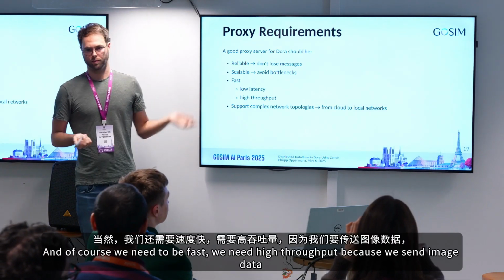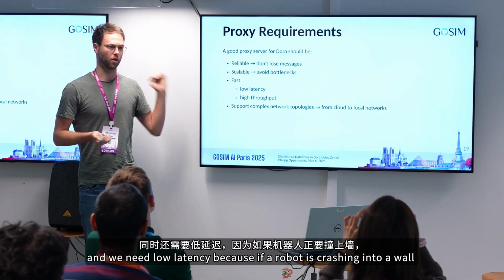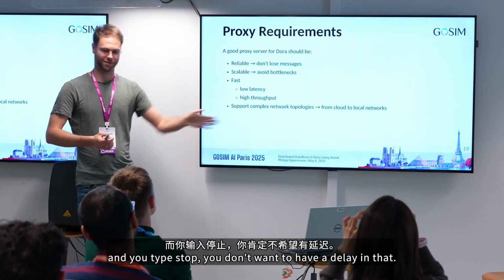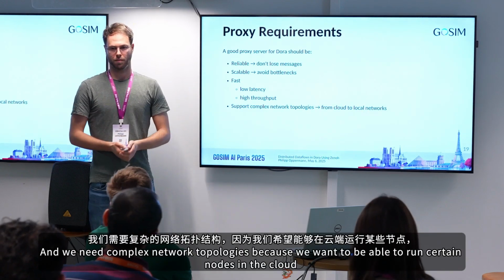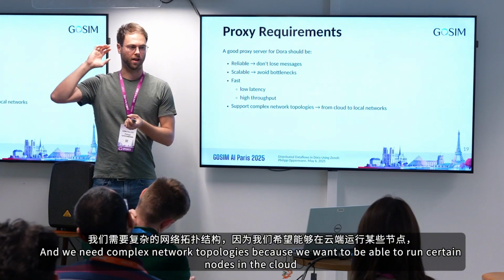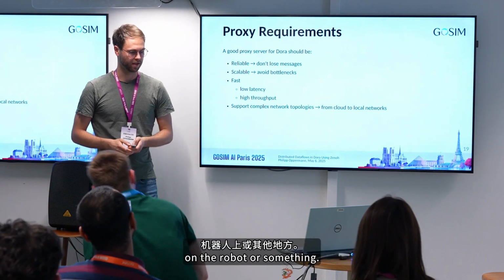And of course we need to be fast, we need high throughput, because we send image data, and we need low latency, because if a robot is crashing into a wall and you type stop, you don't want to have a delay in that. And we need complex network topologies, because we want to be able to run certain nodes in the cloud and others in your home Wi-Fi or on the robot or something.